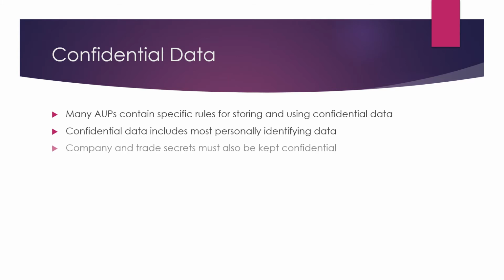AUPs also govern how employees use company and trade secrets, which they are also responsible for keeping confidential. You might have to sign a non-disclosure agreement saying you won't disclose company data to outside third parties, for example.